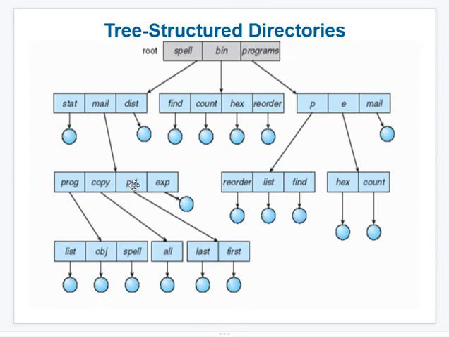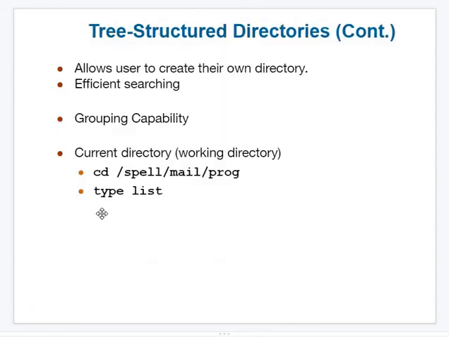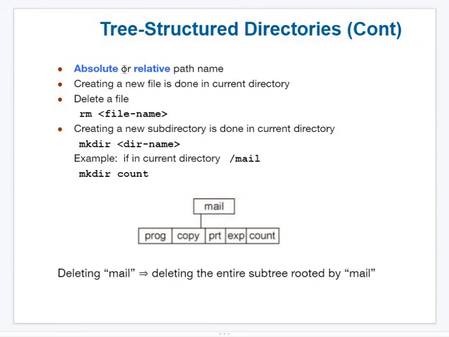Absolute means from PRT you should go back to program, to object, to F2. That means absolute means with respect to root. Relative means from the environment in which we are, from there we have to write the path. You have studied this in your Unix commands, absolute path and relative path.